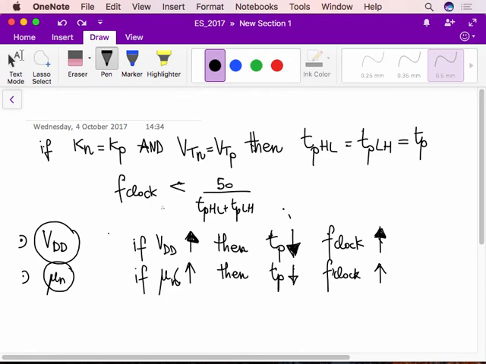So in every modern digital system, you need to have this dynamic control of the supply voltage and of the clock frequency of the microprocessor. And this is simply due to this very, very simple expression that we have derived.